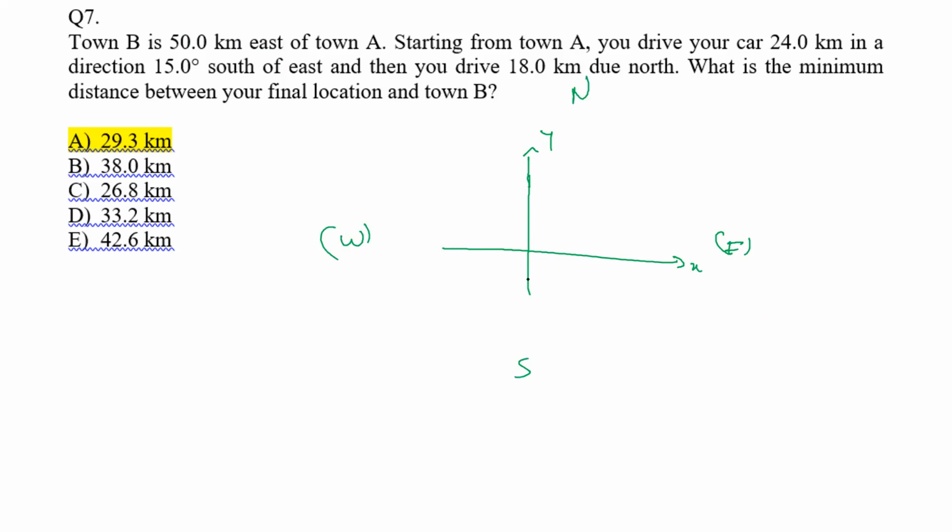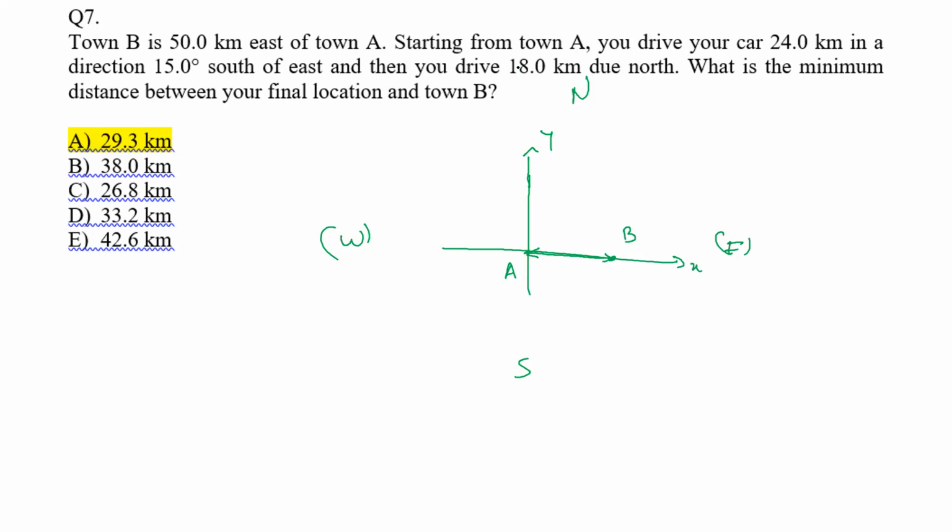So that means if the origin is town A, town B is just right here. And the distance here is 50 kilometers.